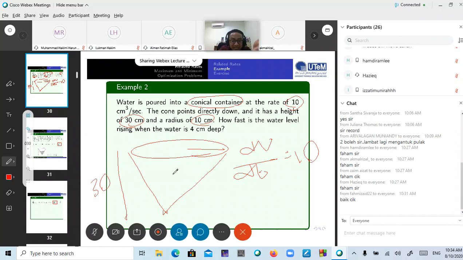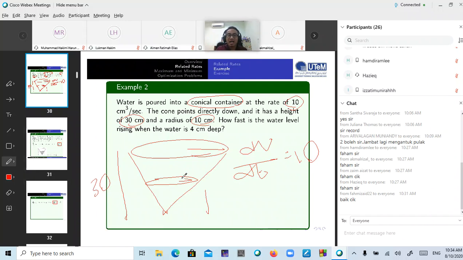Yang merubahnya adalah air dalam ni. Height of water dengan radius of water tu akan berubah. 10 dengan 30 tetap akan sama. Kiralah awak keluarkan air ke, awak masukkan air ke, container tu tetap dengan radius 10, and then height dia tetap 30.